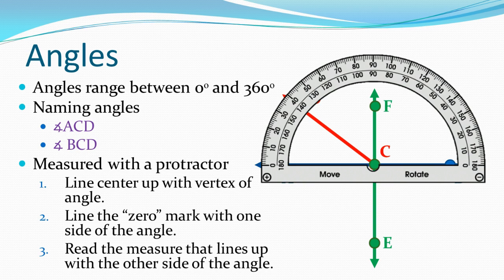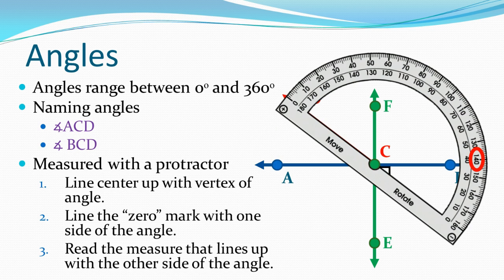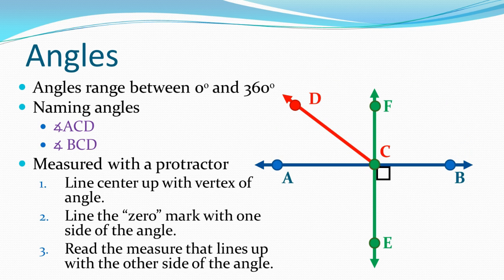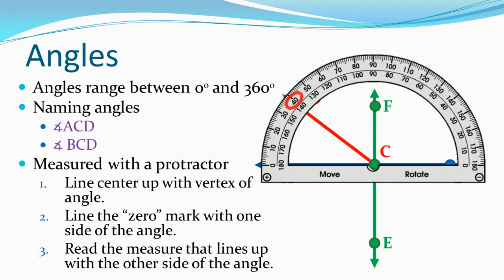I'm going to line one side, in this case the blue side, which is AC, up with the 0 on my protractor, and I'm going to see where it reads. It reads at about 40, maybe a little under 40. So you line up the 0 mark with one of the sides and you read the other side. You just want to make sure that the center of the protractor lines up with the vertex of the angle that you're measuring.